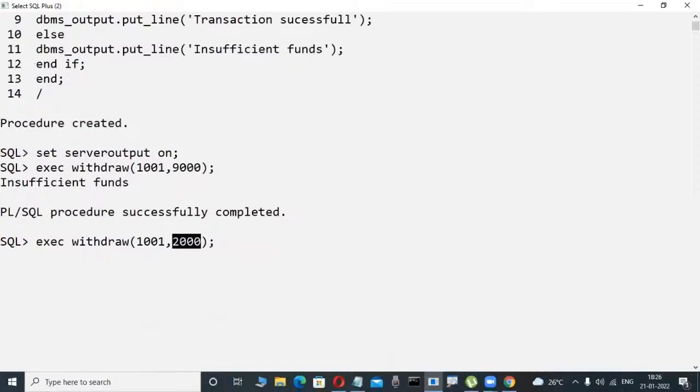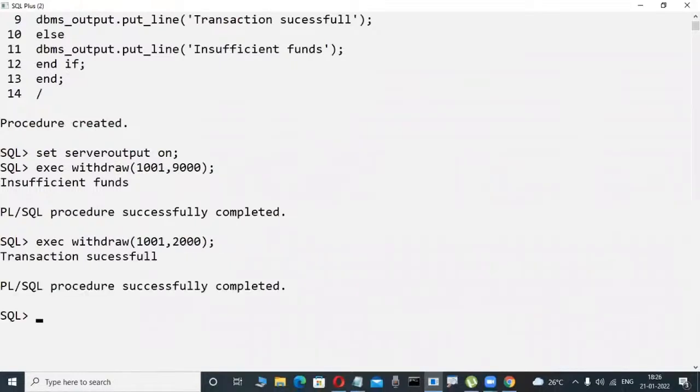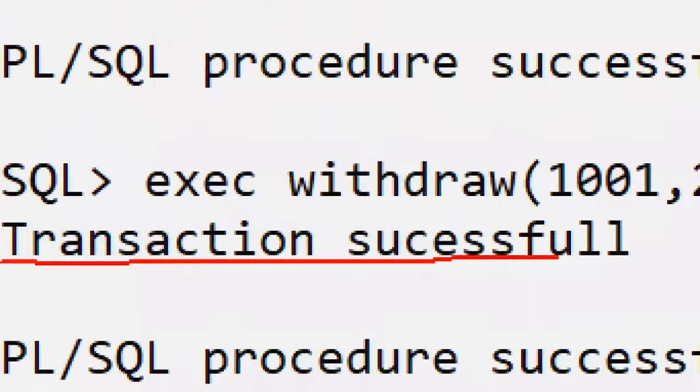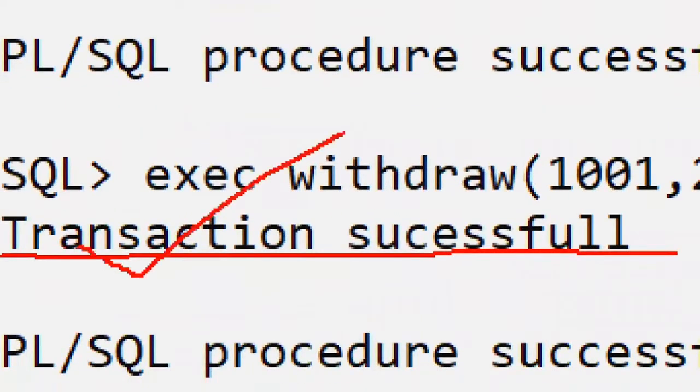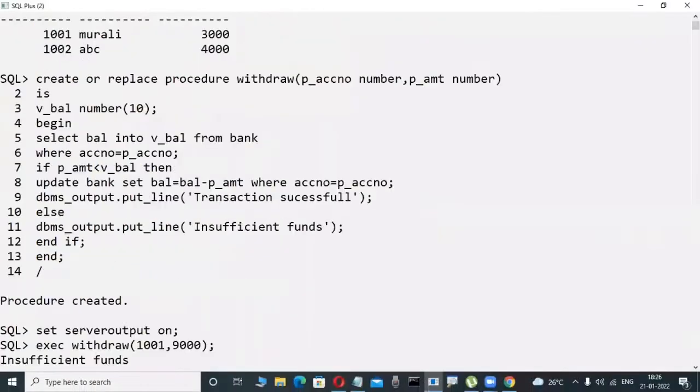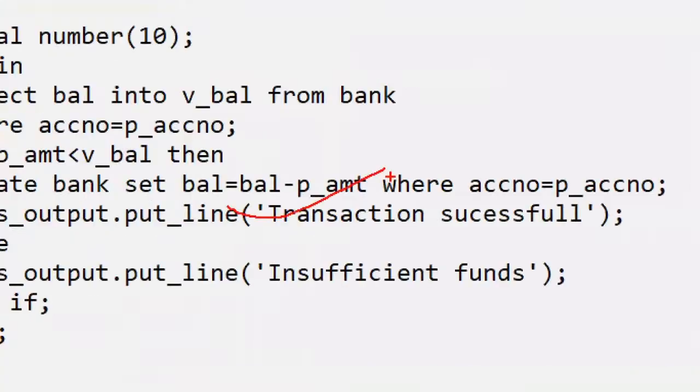Now whenever I execute, I want it to automatically display transaction successful. Withdrawing 2,000 rupees from 3,000 is possible, transaction is successful. How is it possible? Here I'm writing coding only.